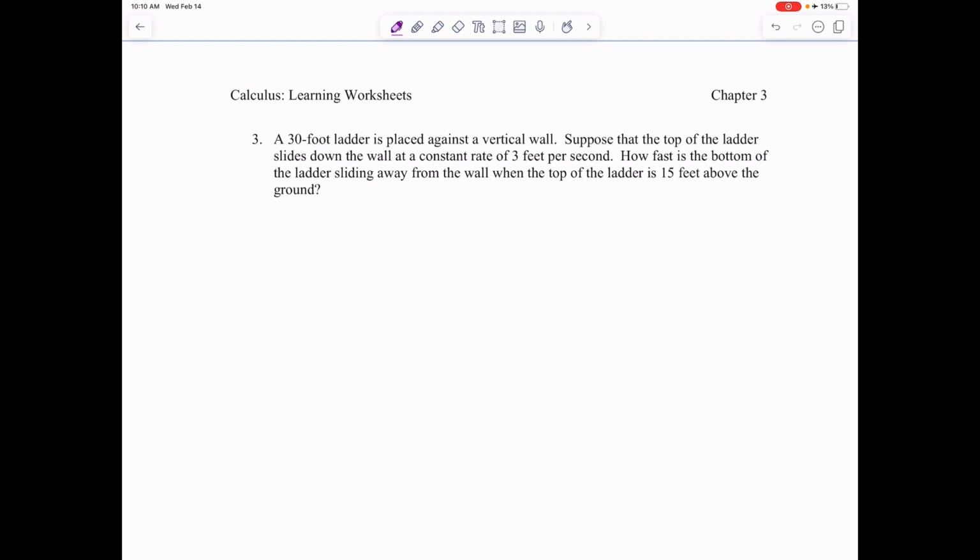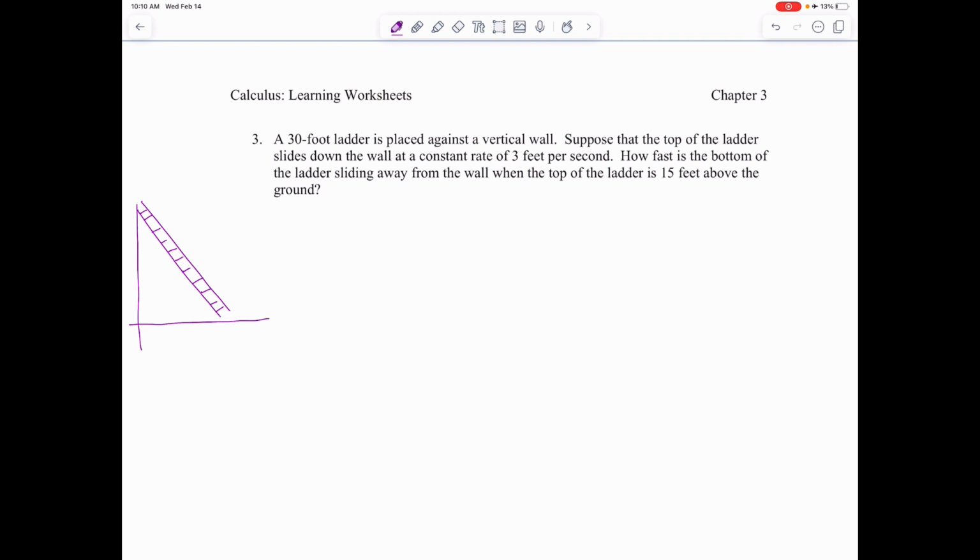Okay, so we've got a wall, and there's a ladder, and the ground. So, again, we have a triangle forming.